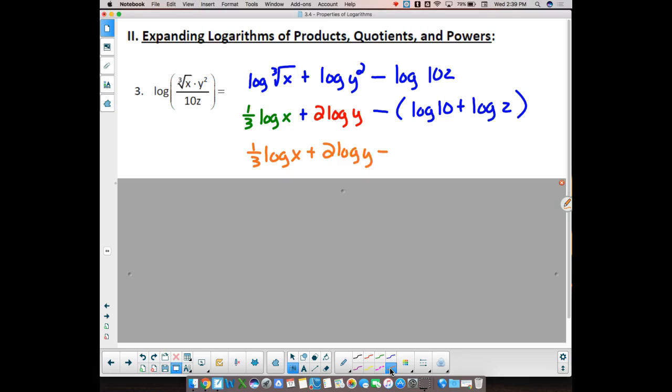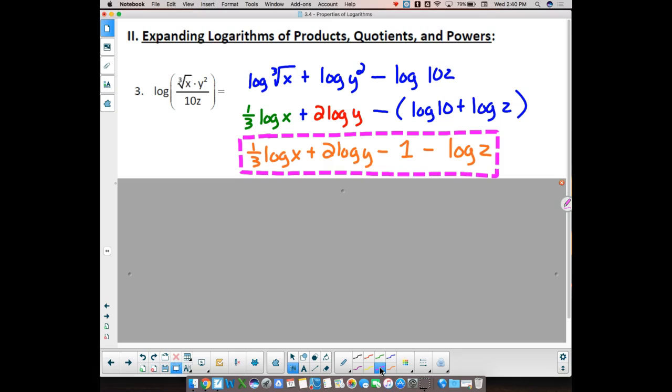Log of 10 is 1. I get that. Questions on it?